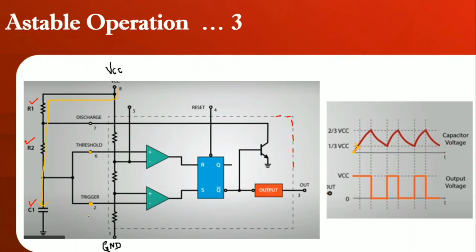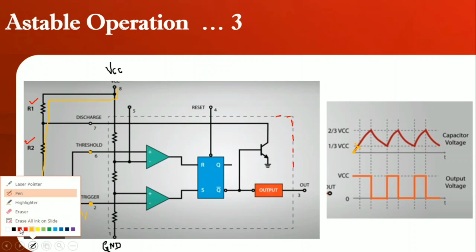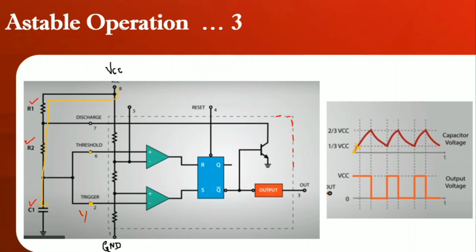First, the triggering point is activated with the voltage 1 by 3 times of VCC. When this is equal to 1 by 3 times of VCC, obviously the same voltage is also present at this point X. Right?